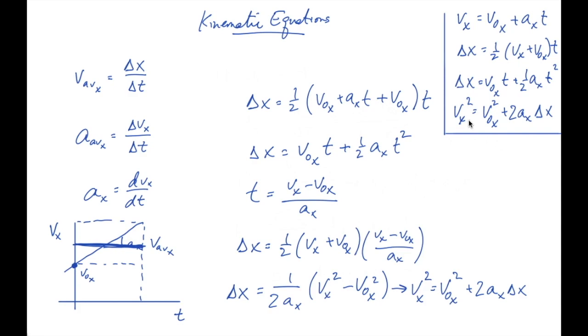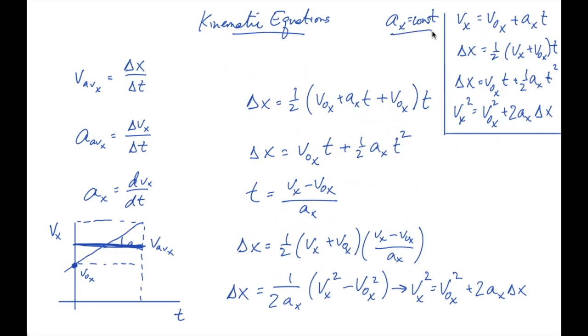So we'll do that in just a minute here, but before we leave, let me just make a comment that I did all of this for the x component. So assuming that the acceleration in the x direction is constant, these 4 equations are valid.